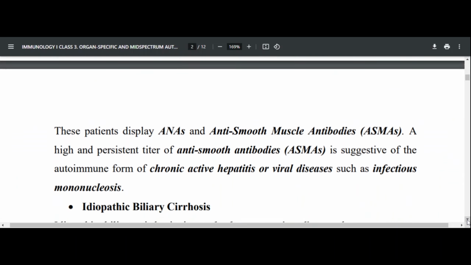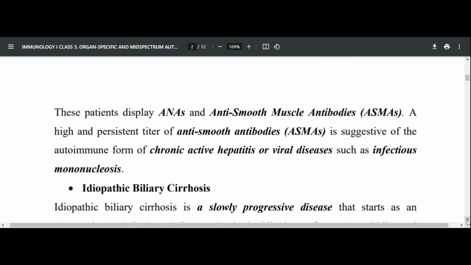The patients may display antinuclear antibodies and anti-smooth muscle antibodies, and a high and persistent titer of anti-smooth muscle antibodies will always suggest the presence of an autoimmune form of chronic active hepatitis or viral disease such as infectious mononucleosis.